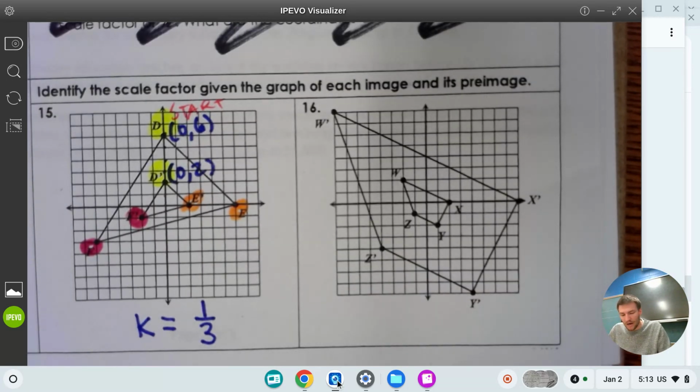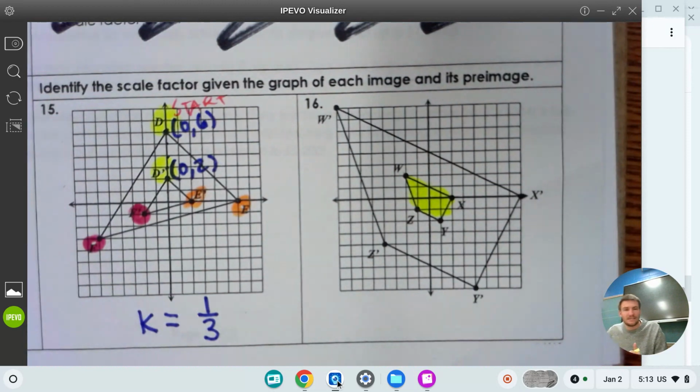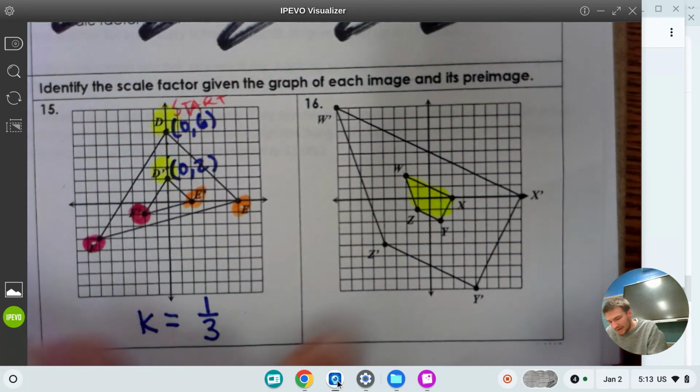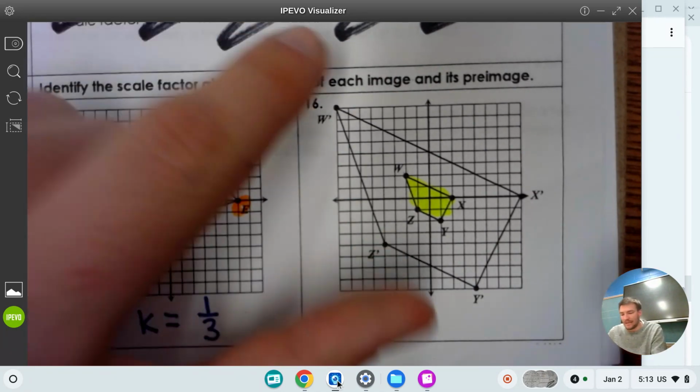Let's do one more. Figure out which one is the OG. This. The small one this time is the OG. And then pick 2 letters. I like to pick easy ones that are close together, ones that are nice numbers, or ones that are right on the 0. Because if they're right on the 0, it's a little bit less for me to think about.